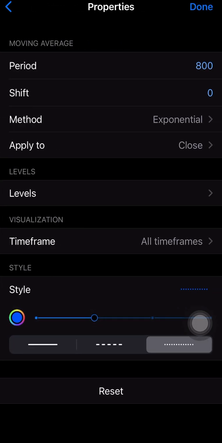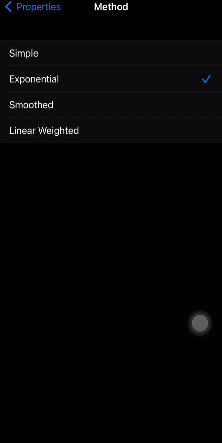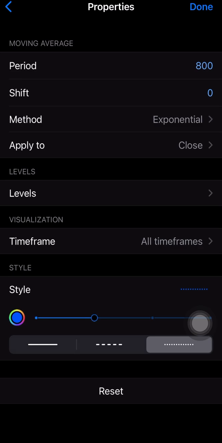The first one I have is the blue one, which is the 800. That is the strongest one. It's the longest period. And you want to go exponential. They have smooth, linear weighted, and simple, but I feel like exponential is my favorite because it has the most amount of information inside of it. So I feel like it's the strongest one. You guys want to click exponential.